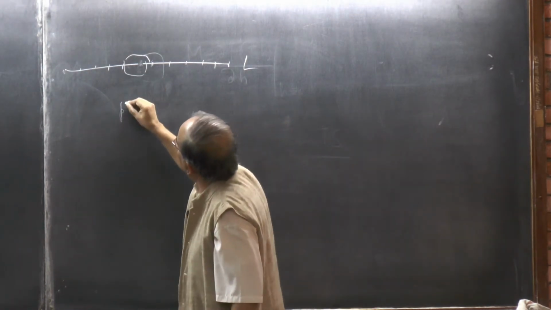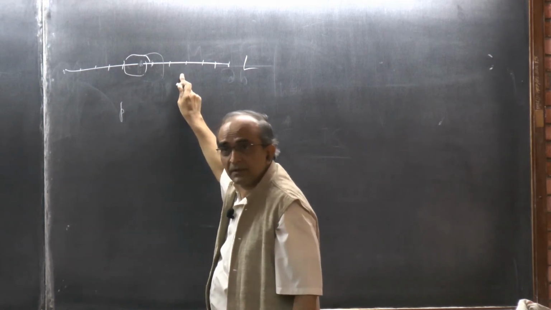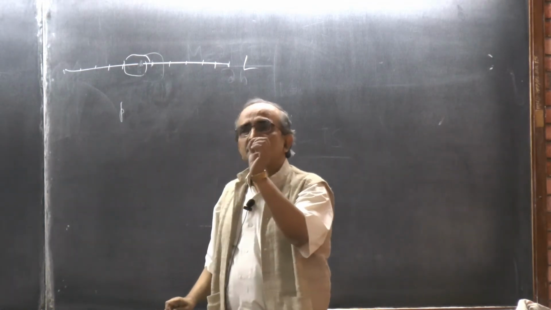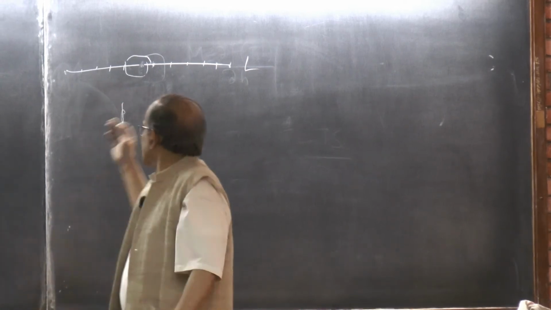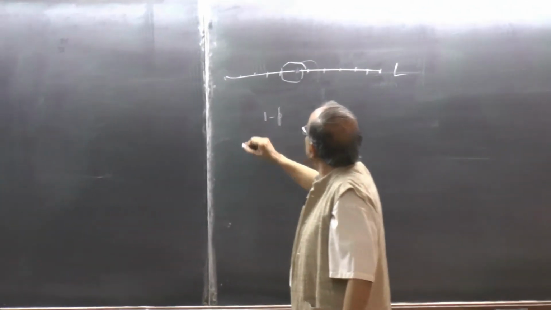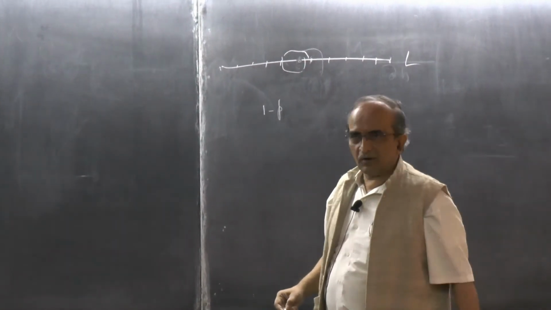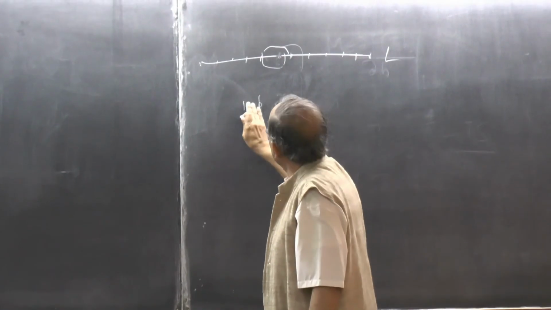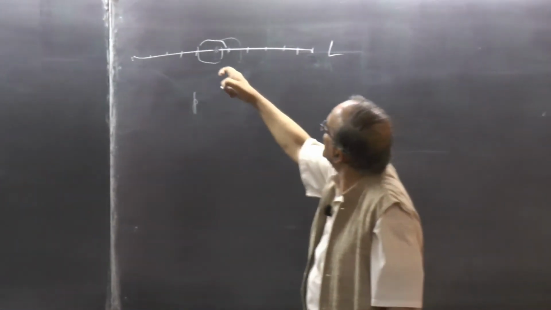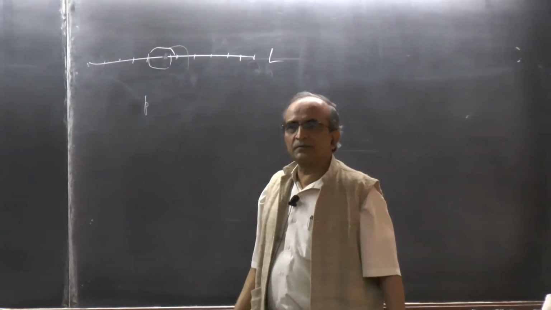If we have L defects successively, where each defect has an independent probability of occurring, probability P, or maybe let us make it simple. So P is the defect probability.